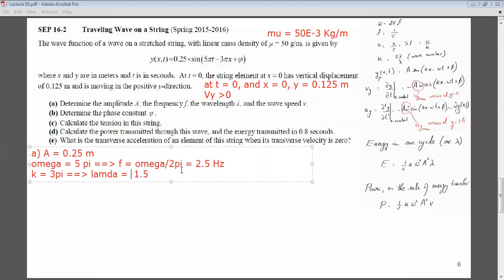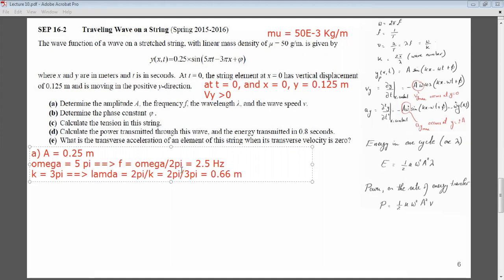So lambda is 2 pi over K. This is equal to 2 pi over 3 pi, which is 2 over 3, 0.66 meter.